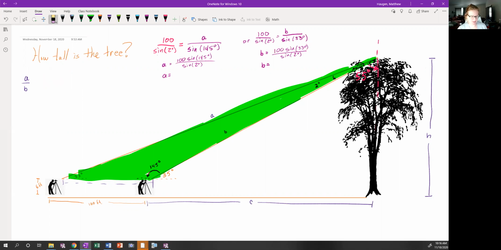Okay, approximation for B is 1,560.6. Yes, 0.6. That's feet. And for A, I got 1,643.5.